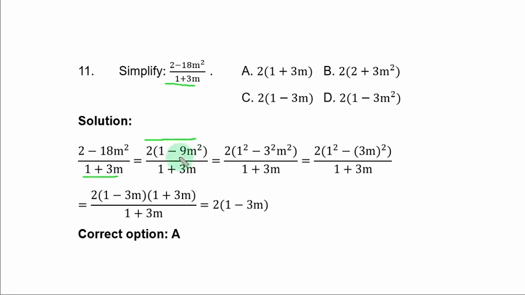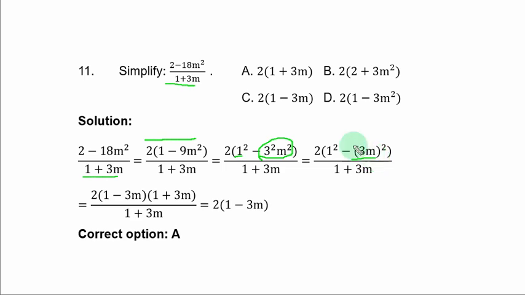You can write 1 as 1 squared, nothing changes. You write 9 as 3 squared, then m squared. Here simplifies to a single term. So you have 2 bracket open 1 squared minus (3m) all squared bracket close over 1 plus 3m.